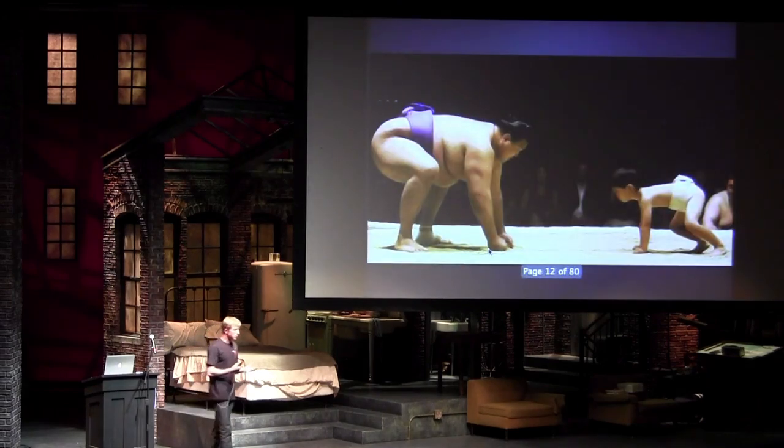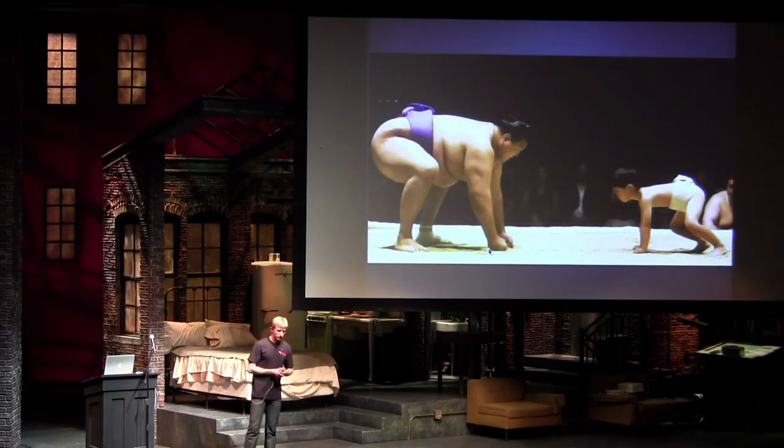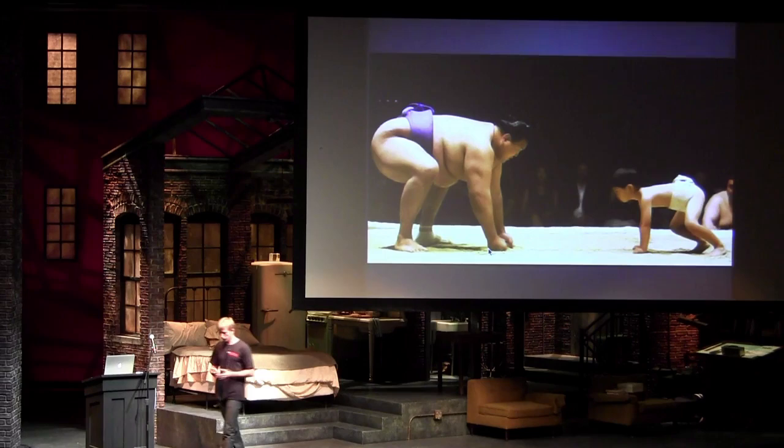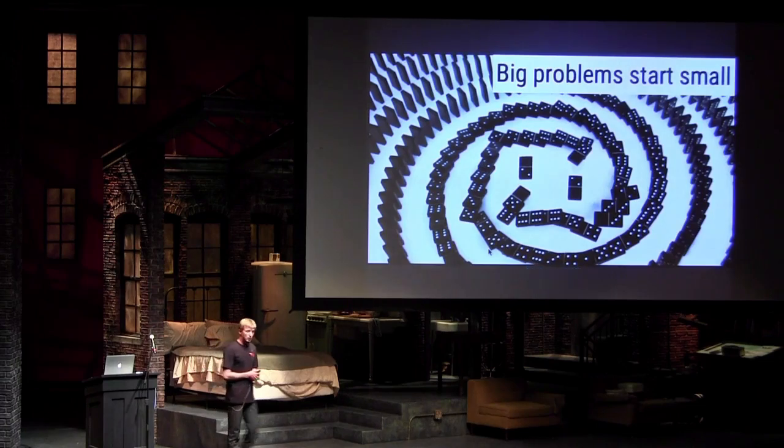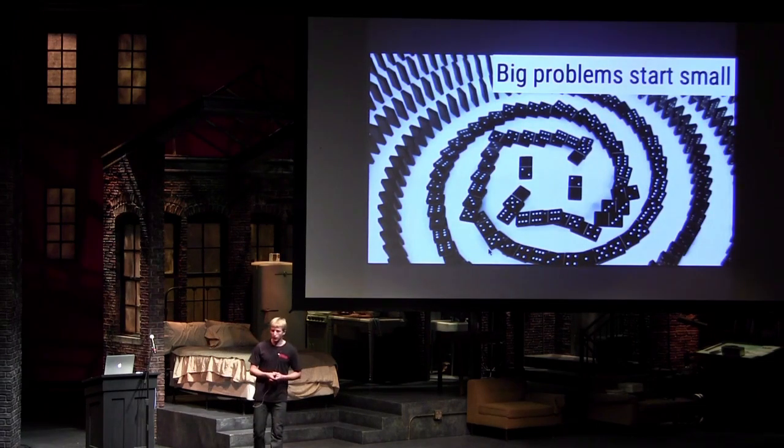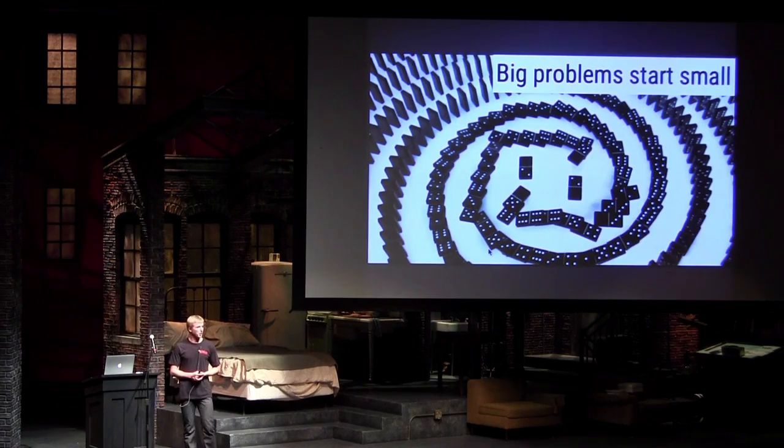Issues have different impacts. If you weight everything equally, you might miss something big or be slow. At the same time, big issues always start small. If you just ignore the small things, you're always going to face the big problems, and your customers are probably going to notice that.